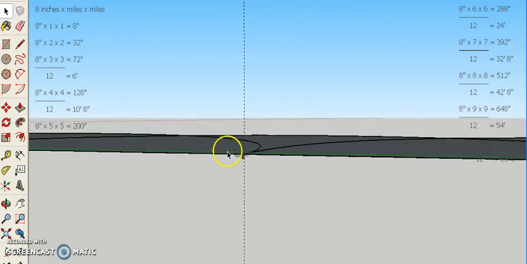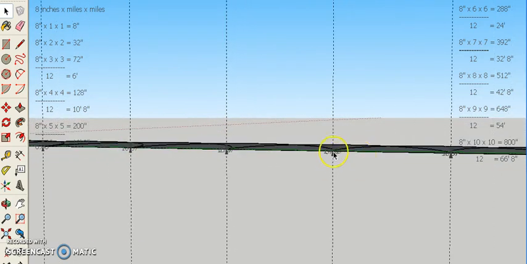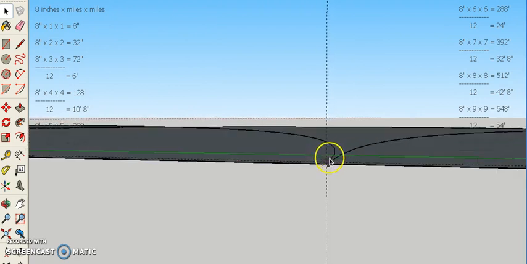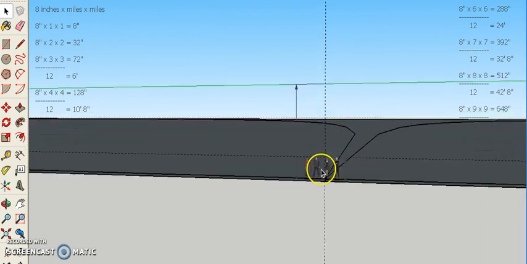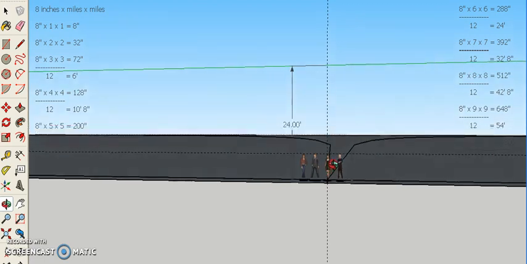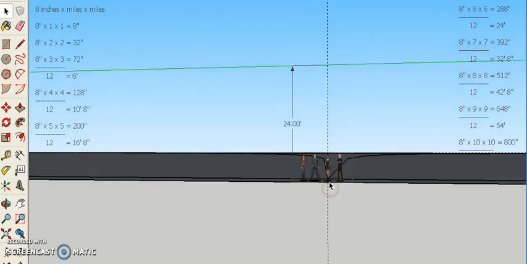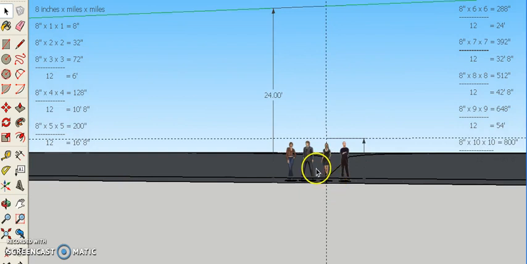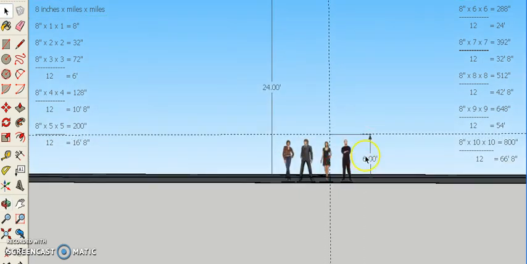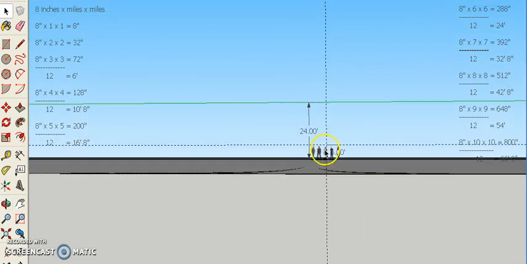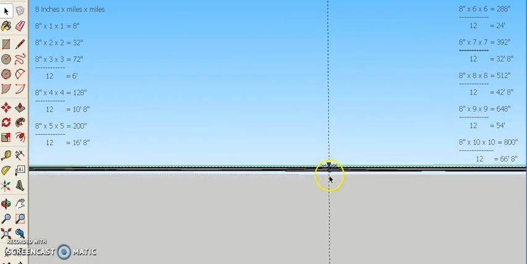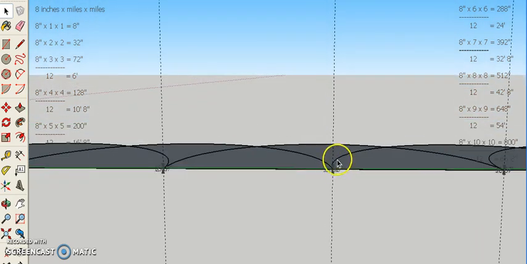6 miles. At 6 miles, the drop is 24 feet from the plane of the 0 point to the deck where they are standing. And this is a 6 foot mark. So what we are doing, let me show you this.